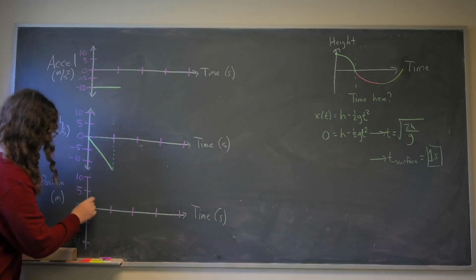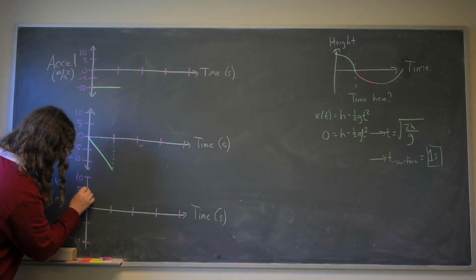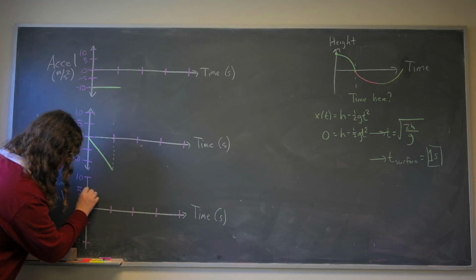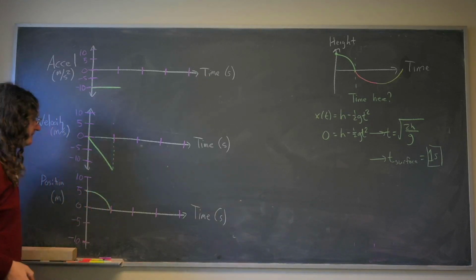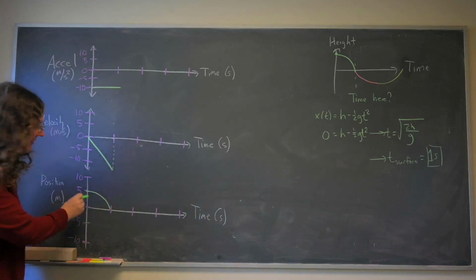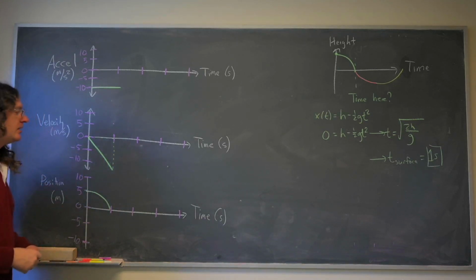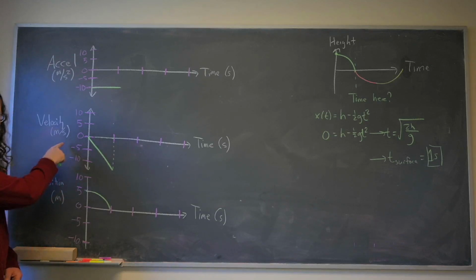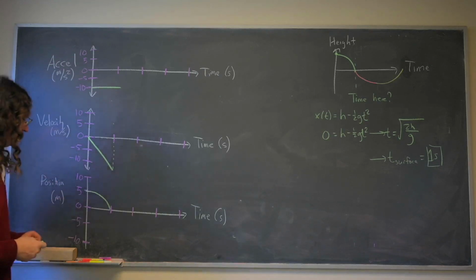And, well, we just figured out that this is the position curve doing that, going from 5 down to 0. It's a function whose slope is negative and getting more negative. Remember, the value of the velocity is the slope of the position.